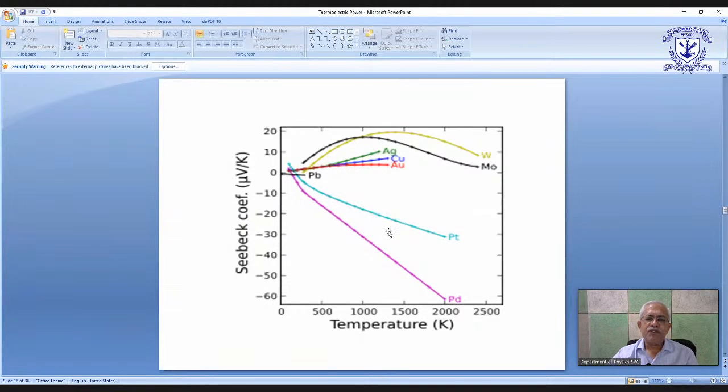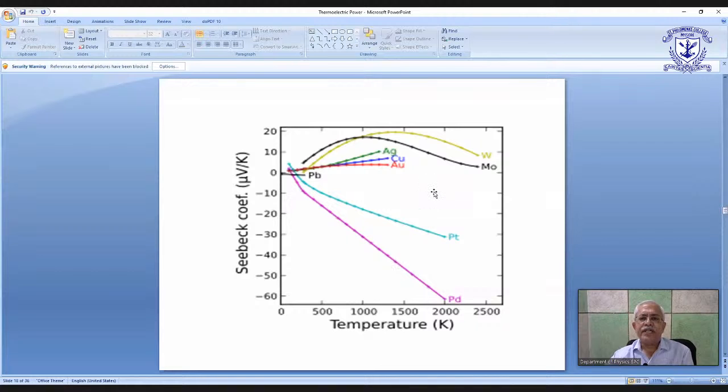So the Seebeck coefficient for platinum and palladium, both of them may be positive at room temperatures, but as you increase the temperature, it goes through 0 and becomes negative. This leads to what is called the inversion temperature with thermocouples made using platinum and palladium.